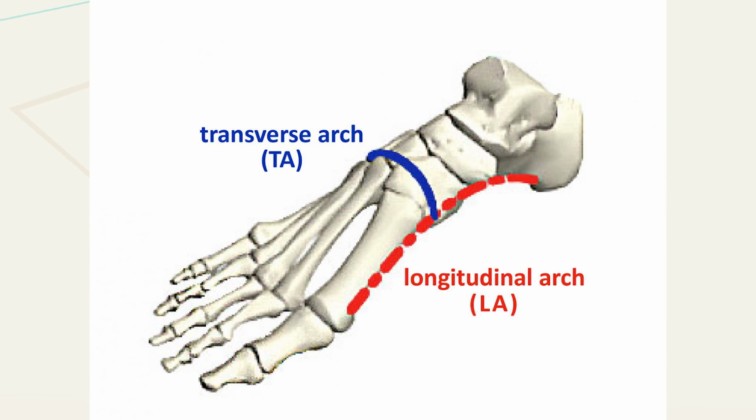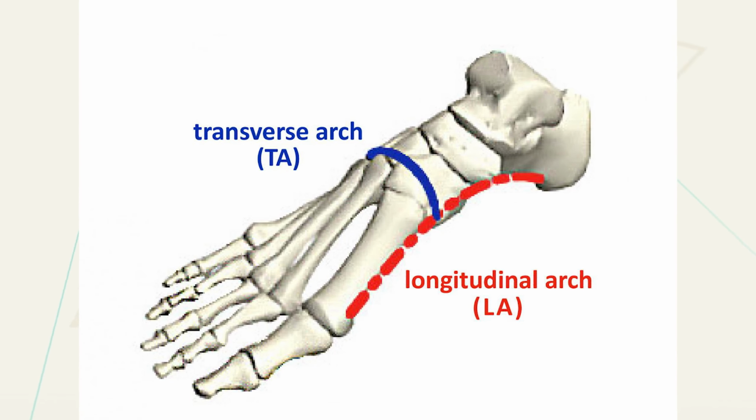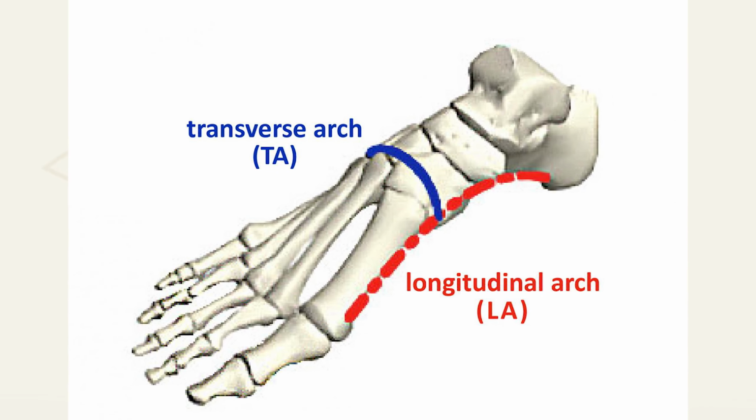High arches really is the longitudinal arch that we're looking at. We technically have 3 arches in the foot, and the longitudinal arch is what is most commonly referred to when we're talking about exercise. It goes from the ball of the foot, underneath the big toe, to the heel. That's your longitudinal arch on the inside.